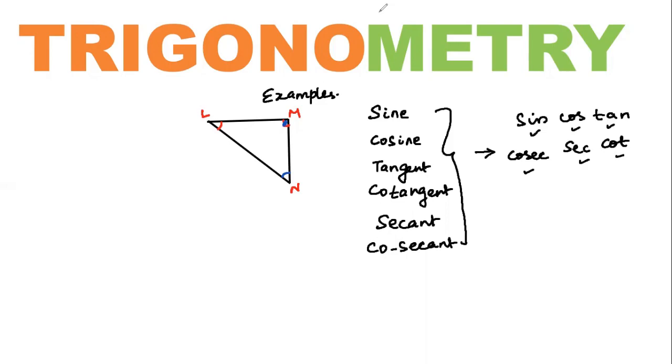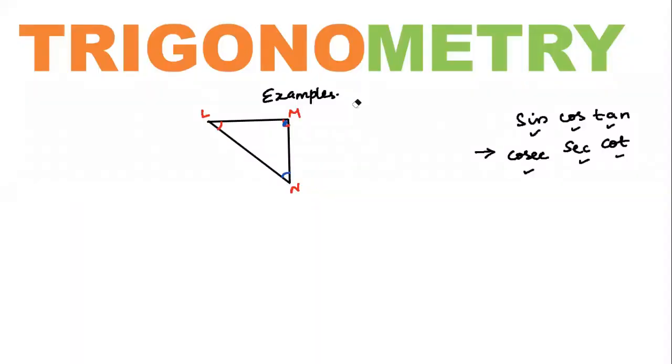Say for example, in a right angle triangle LMN, right angled at M, sine is always opposite over hypotenuse. Now, here you need to mention the angle of reference.